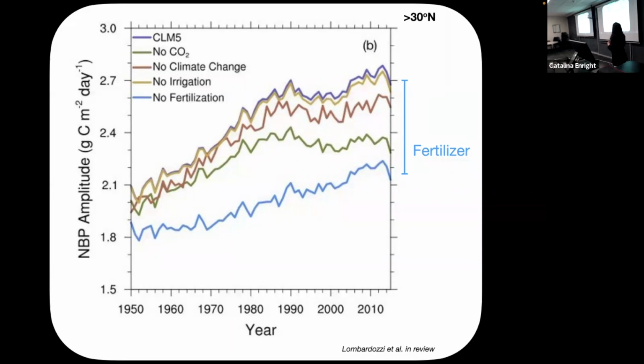So agricultural fertilization is changing those fluxes of carbon back to the atmosphere enough that we're seeing a change in the seasonal cycle of carbon dioxide. That really highlights how large of an impact agriculture has on our climate system. If we really want to understand these climate carbon feedbacks that are driving climate change, we need to include agriculture. We need to consider that.